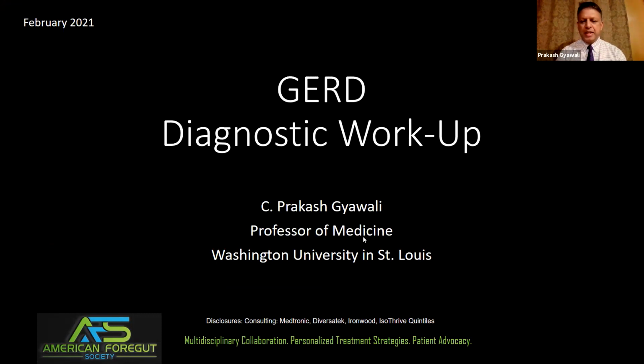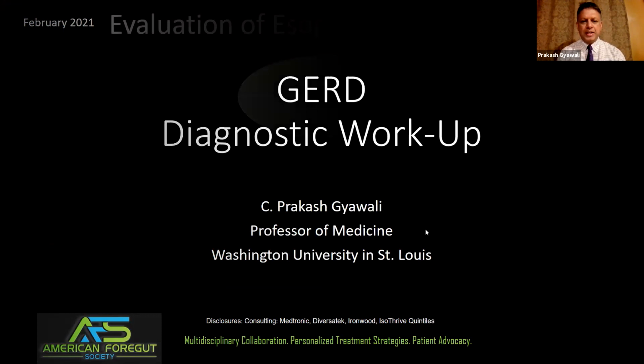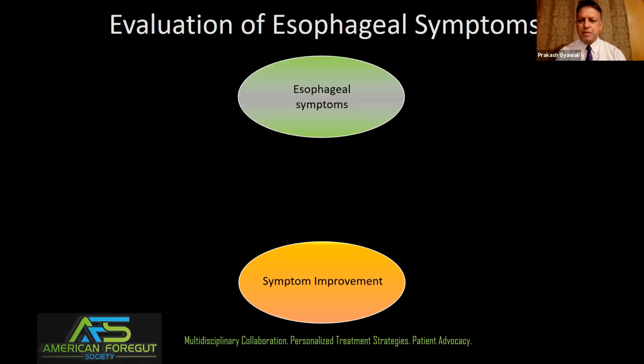So the overall intent is to take somebody from esophageal symptoms to symptom improvement. Important to recognize that the esophageal symptoms that the patient reports may not be what they seem. And Chrissy touched on this a little bit, because somebody who says they have discomfort in their chest, you think about reflux, but sometimes that is the opposite of reflux, achalasia.